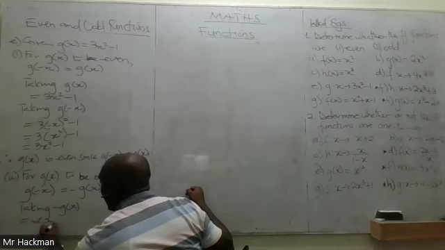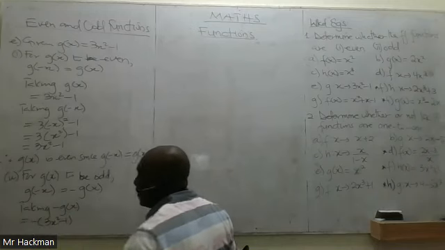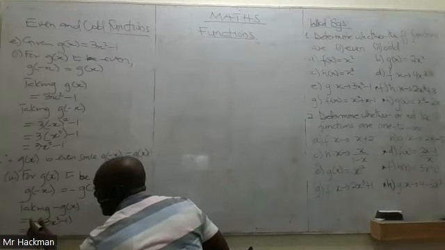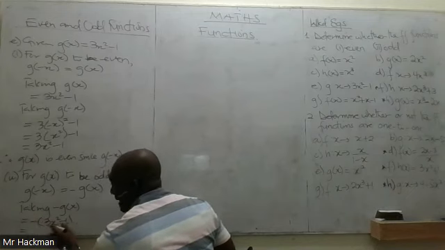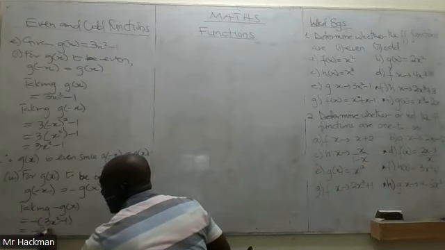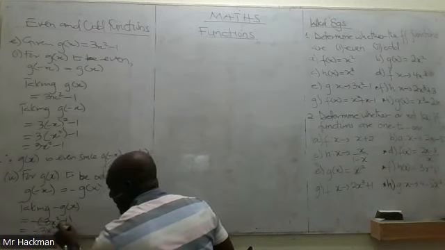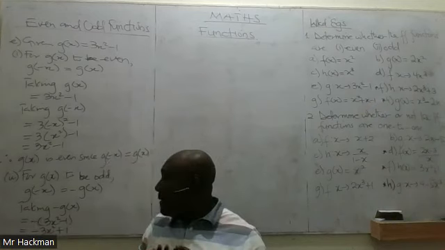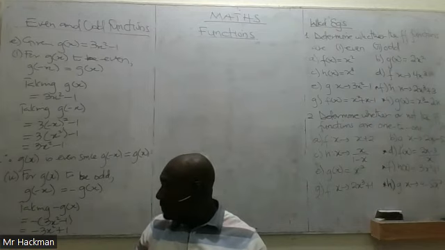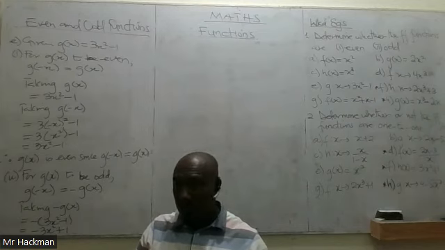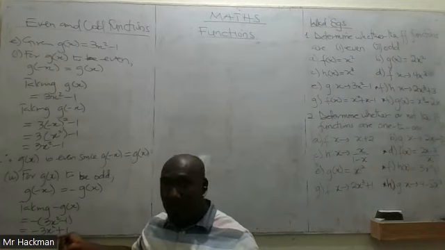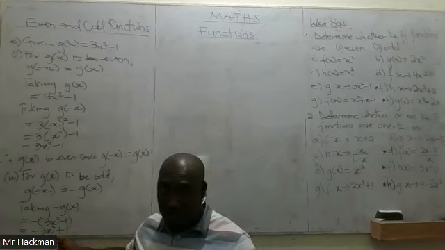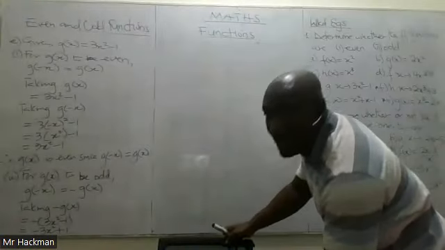So I'll get minus (3x squared minus 1), which in effect will give you minus 3x squared, then minus 1 times minus 1, that will give me plus 1. Is my point well made? Okay, I hope you can see this part of the board. So that will be it for the right-hand side.